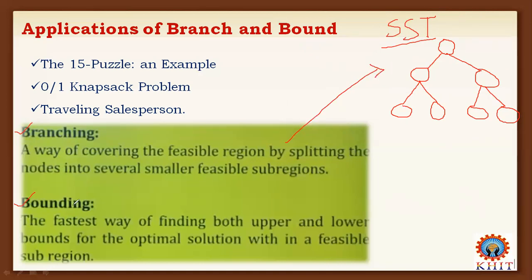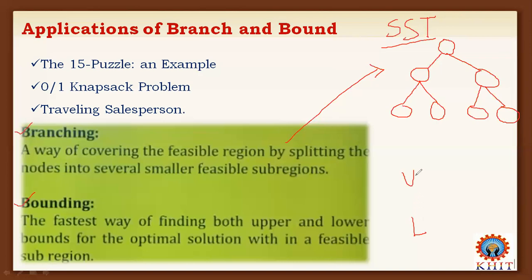Next one is the bounding function. What is meant by a bounding function? There are boundary regions. The fastest way of finding both upper and lower bounds for the optimal solution within a feasible region is called a bounding function.